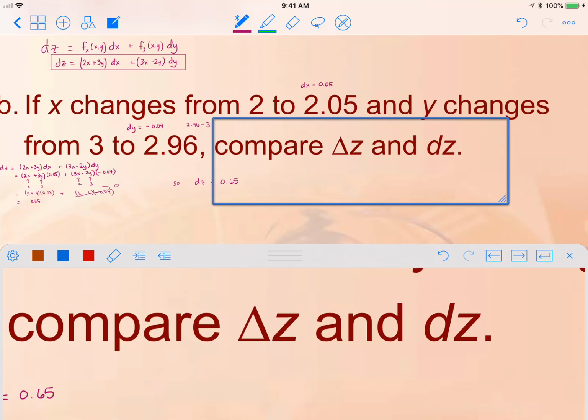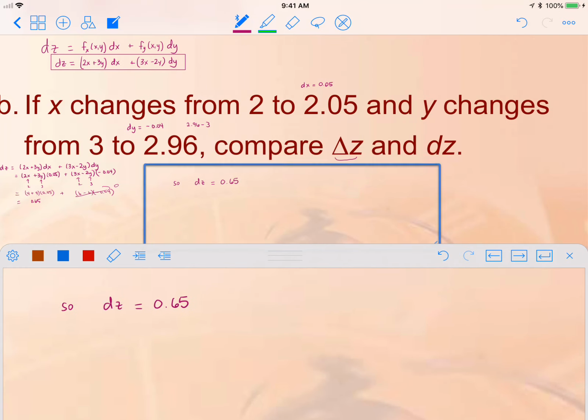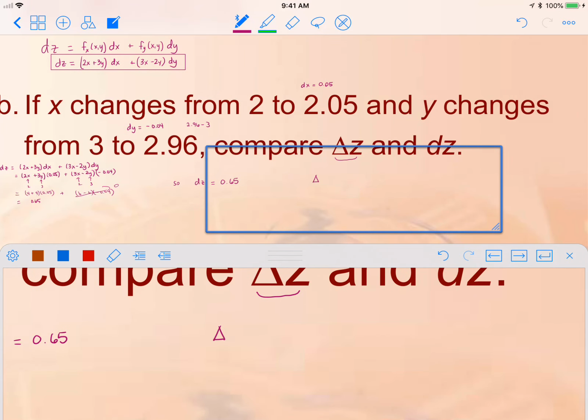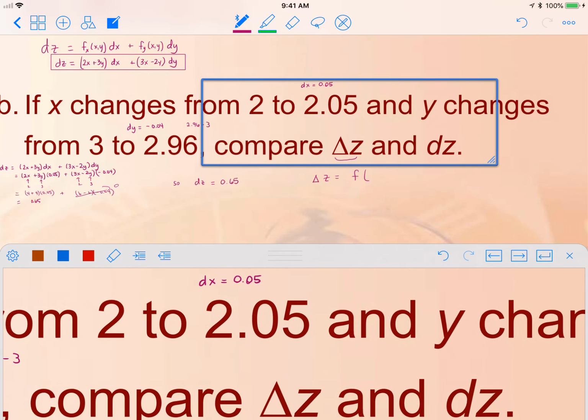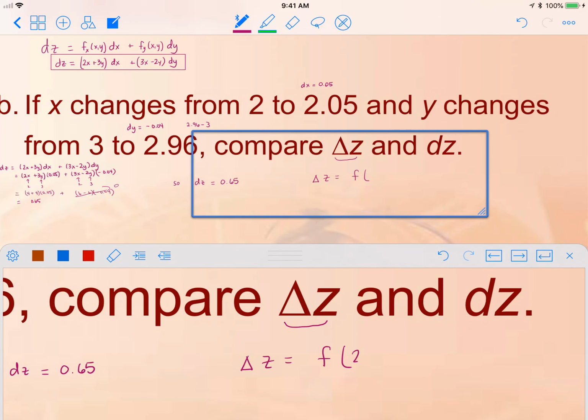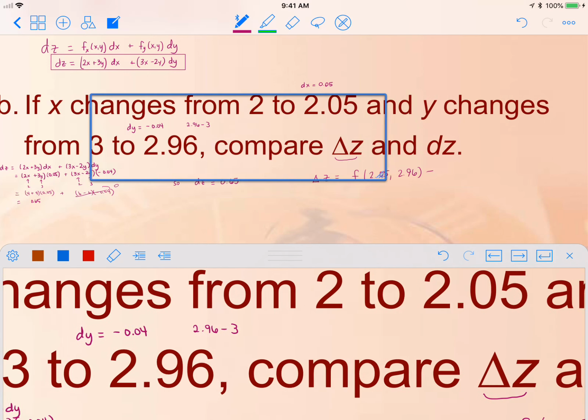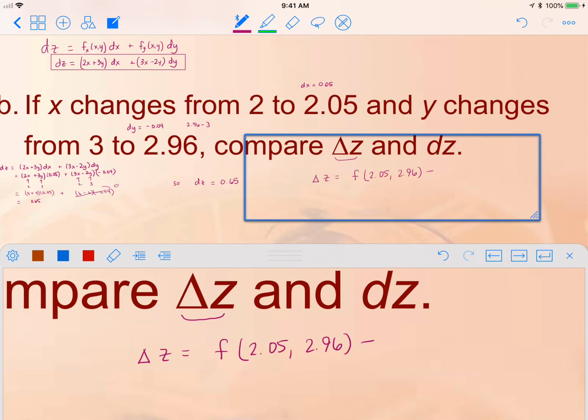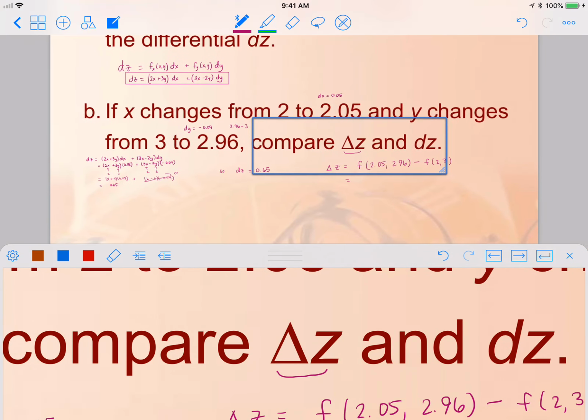Now, let us determine the increment. So, the increment in z is going to be the difference between f of 2.05 comma 2.96 with the starting point, which was 2 comma 3. Okay, so now what is f of 2.05? What's our formula for f?